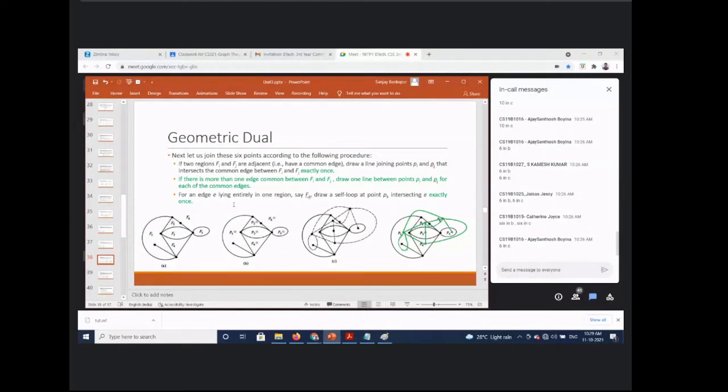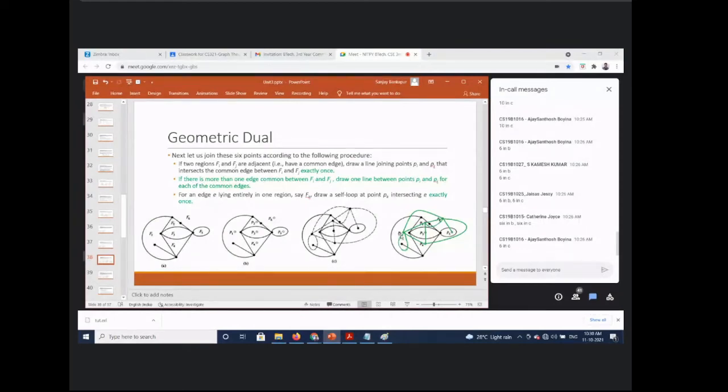If in the given graph two regions are adjacent but with two edges in common, make a line for each edge. That becomes a parallel edge. Series of edges are converted into parallel edges. Now, if any edge is lying inside a region, make it a self loop. With these three steps, we converted the given planar graph into its geometric dual.